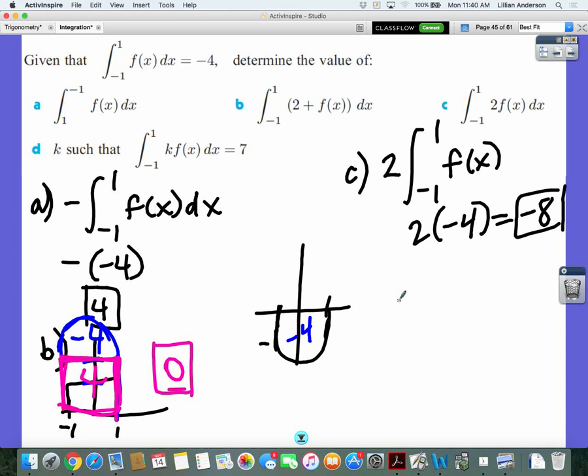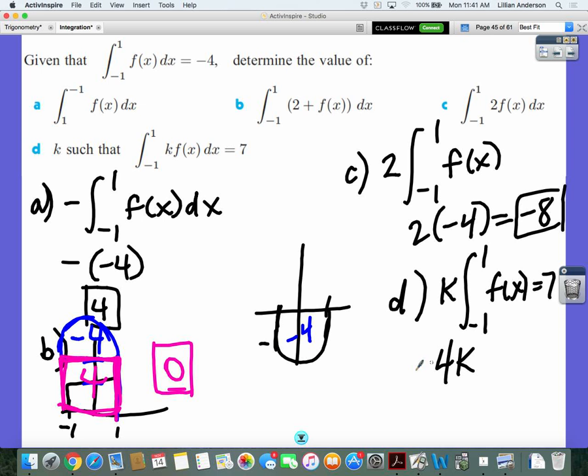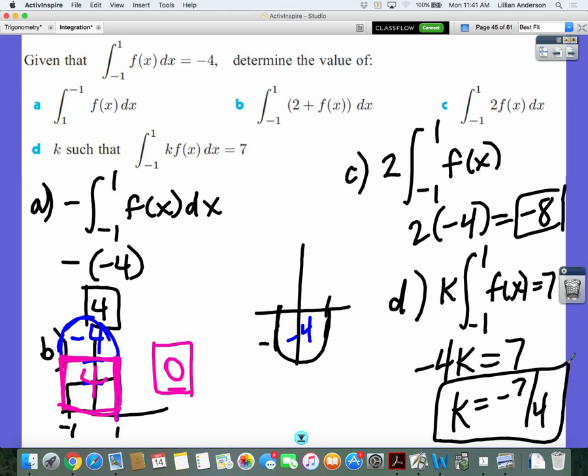And then for the last one, did anybody do the last one? Yes. Okay, so that is nothing but a constant, so you can pull that out. All that equals 7, so technically you have a negative 4k equal to 7, so k was negative 7/4. Yes. Okay? So you can apply your properties to even these types of general problems.